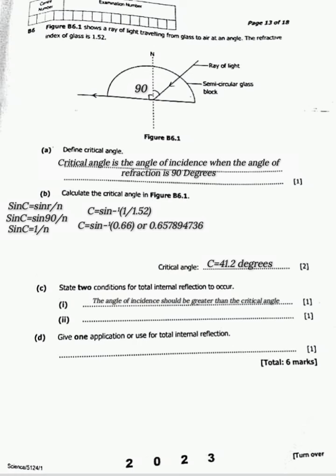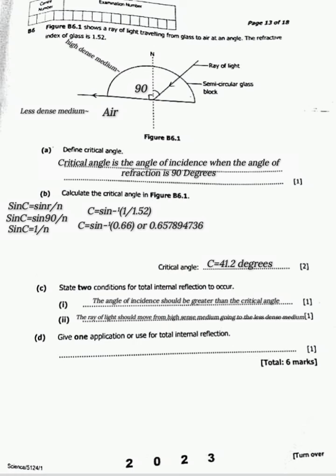Apart from that one, we are going to say the ray should move from high dense medium going to the less dense medium. Now, on this part here, the glass block is going to be considered to be high dense medium, and air is going to be considered to be a low or less dense medium.